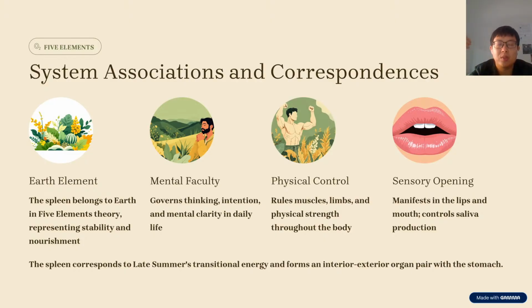With the support of the spleen, your lips can be red, vivid. It's not pale, because the spleen is related to your lips.